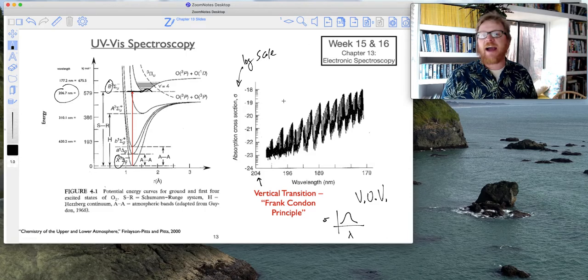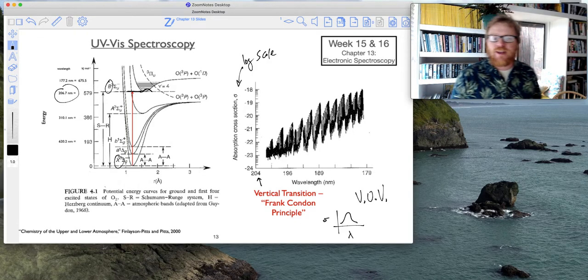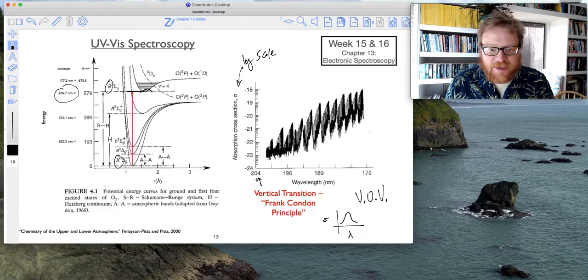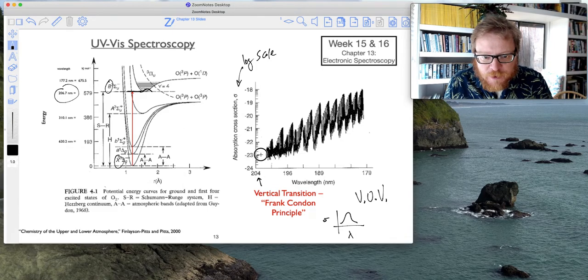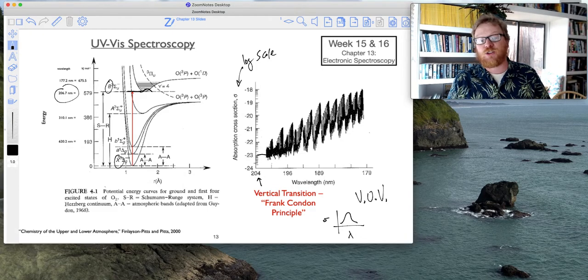And then, of course, when we factor in the path length and the concentration, we can convert this cross-section into an actual absorbance. And the important thing I want to note is that in this vicinity of 200 nanometers, the absorption cross-section is quite small, 10 to the power 23. Because this is a log scale, that means 10 to the negative 23.